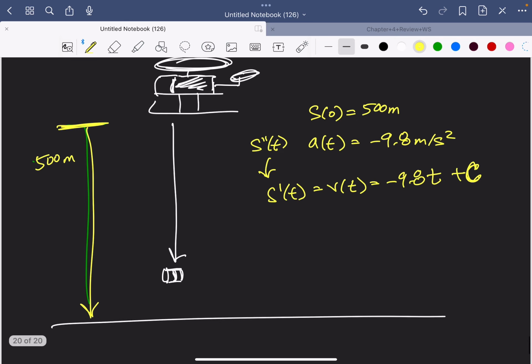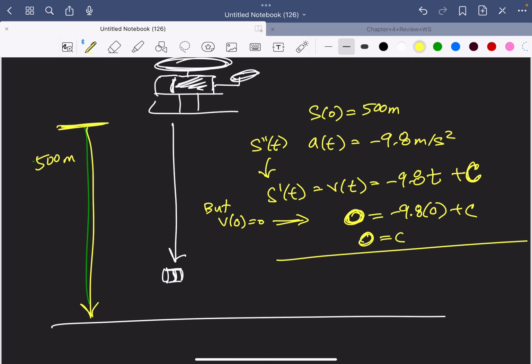But remember, it was dropped, not thrown straight down, so the initial velocity is 0. And if the initial velocity is 0, that means you get out 0 when you plug in 0 for time. So we get that c is equal to 0, but we knew that because that c is just initial velocity.